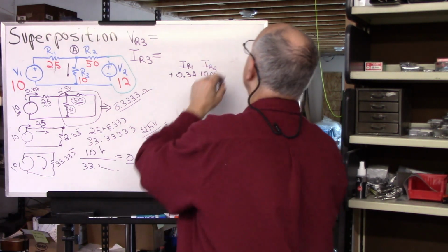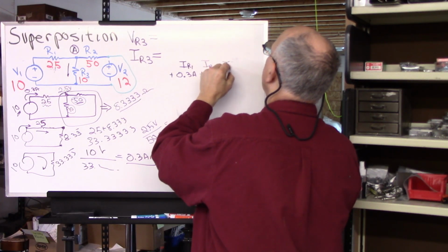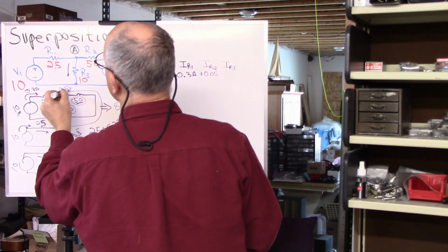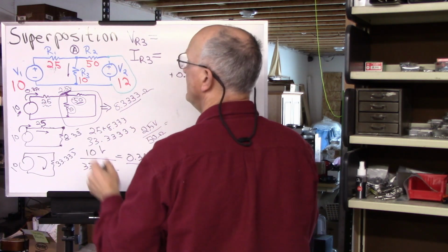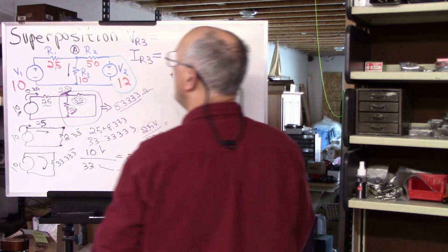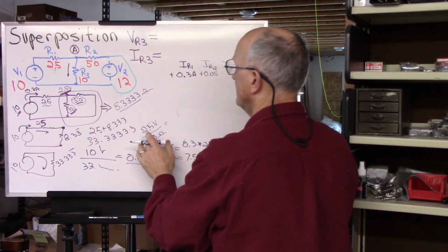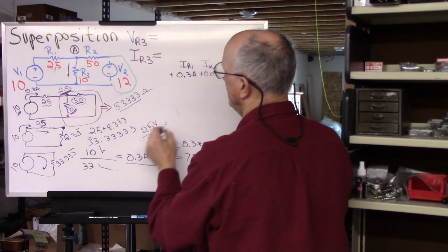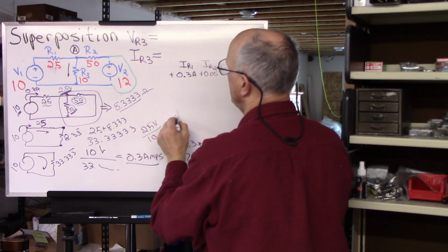All right. Finally, IR3. We know the voltage at this point is 2.5 volts. We know the resistance is 10 ohms. So we just take this equation and do this, and this comes out to 0.25 amps.